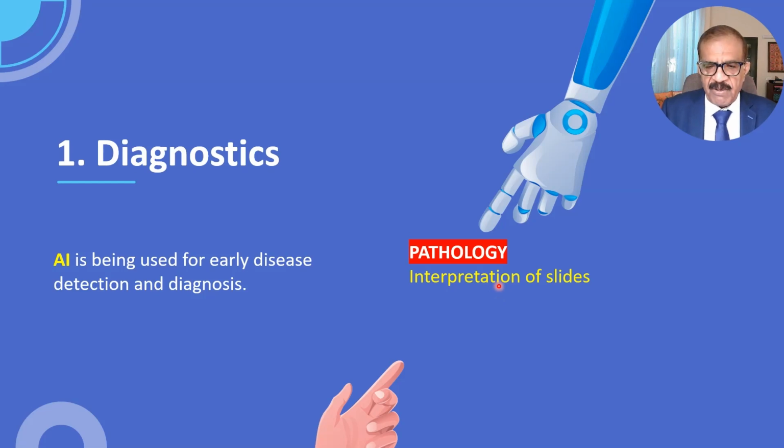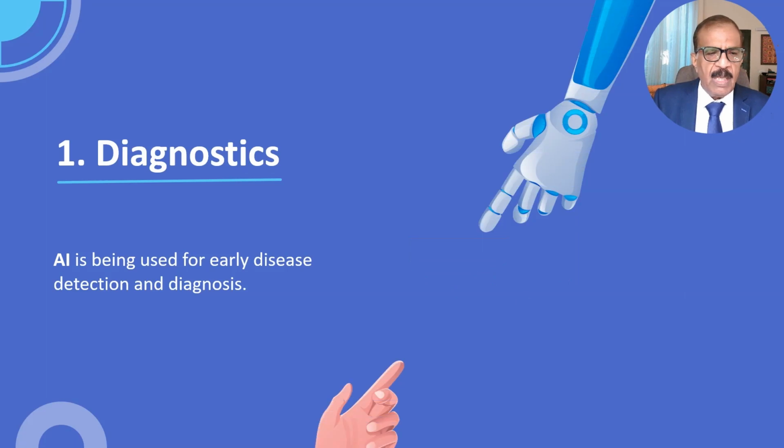Even rare patterns, rare diseases, rare cancers, machine can interpret very fast, because one human could see only a limited number of slides and would have seen only a limited number of diseases in his life, but machine would have seen all the slides and all the rarest possible diseases. So machine will be much faster to pick up certain disease patterns and can give you a diagnosis based on biopsy.